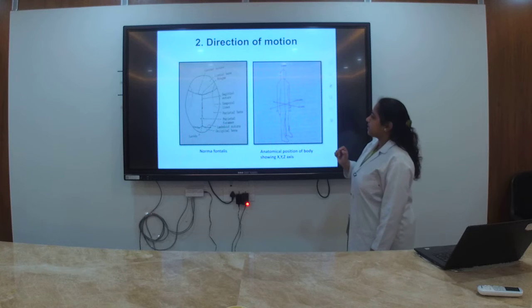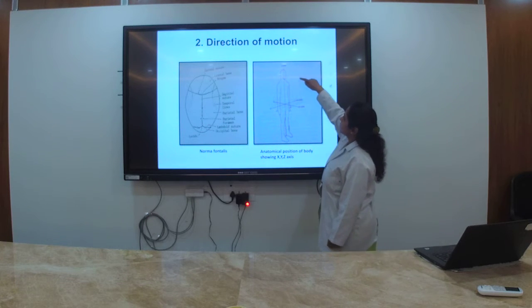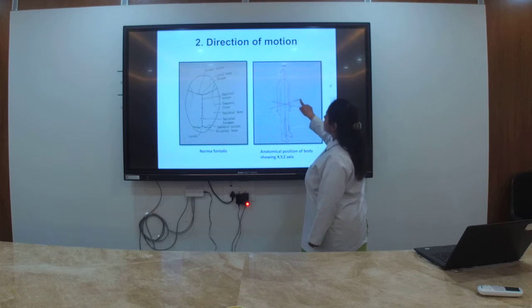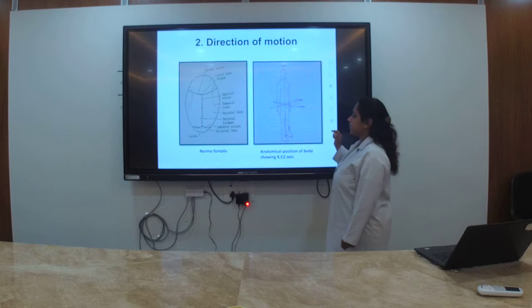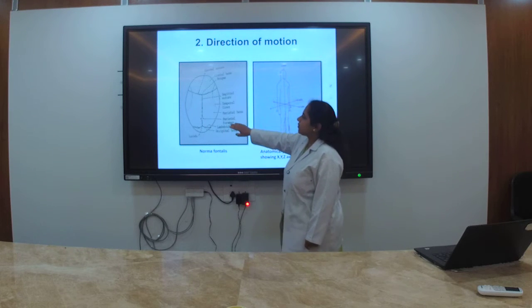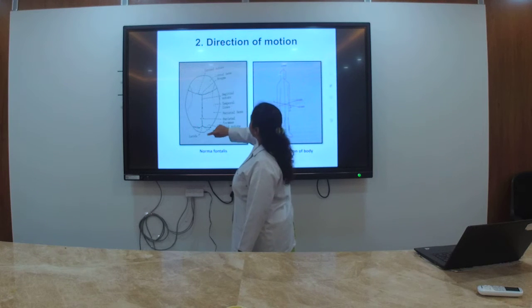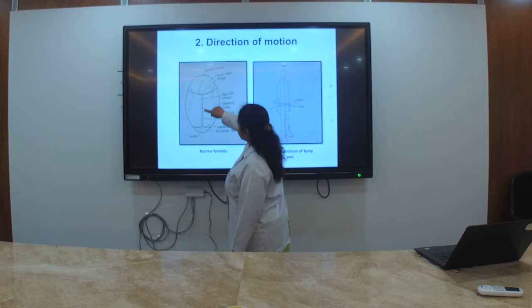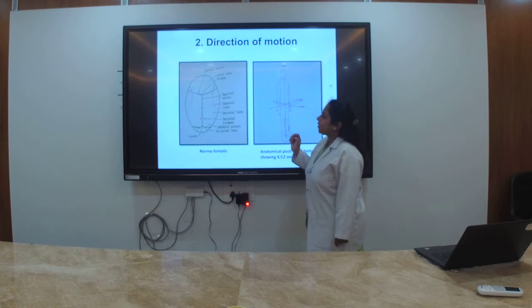Now, these are some axes in the body, like this is the y-axis, this is the x-axis, and this is the z-axis. This is the norma frontalis, where you can see this is the coronal suture, this is the central suture, and these are the bones of the skull.